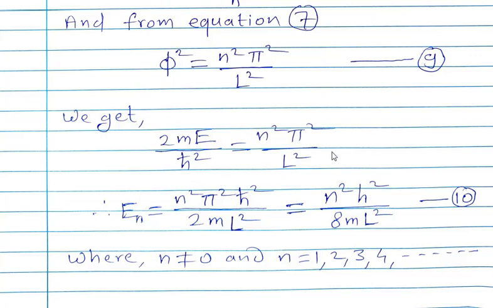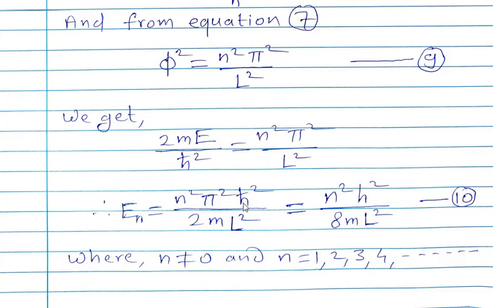Now from this equation, the nth state energy of the particle will be given by this term n square pi square. Now take this h cross square to this side, it is multiplied here by h cross square divided by, after taking this twice m to this side, it becomes twice m times L square.